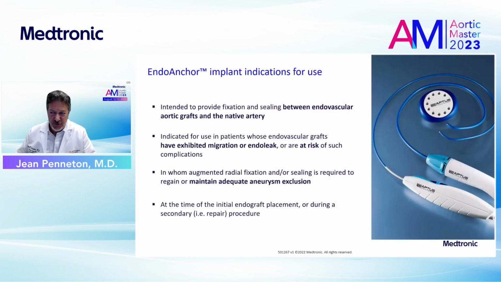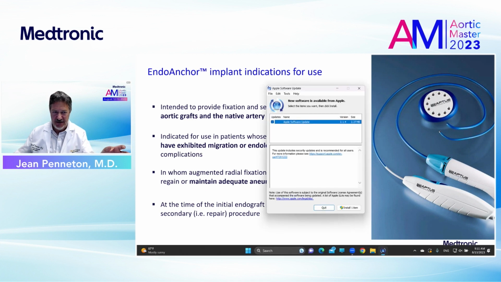So the IFU, the indication for use for the EndoAnchors is really to try to provide additional fixation and sealing between an endovascular graft and the native aorta. And it's really better to use this in patients that have either exhibited migration or an endoleak, or because of their hostile anatomy are more at risk of having such complication.